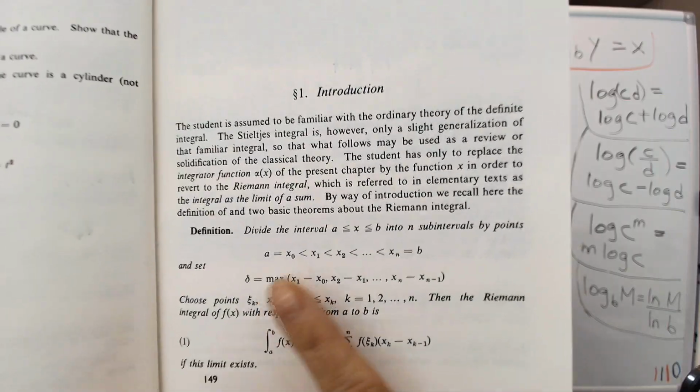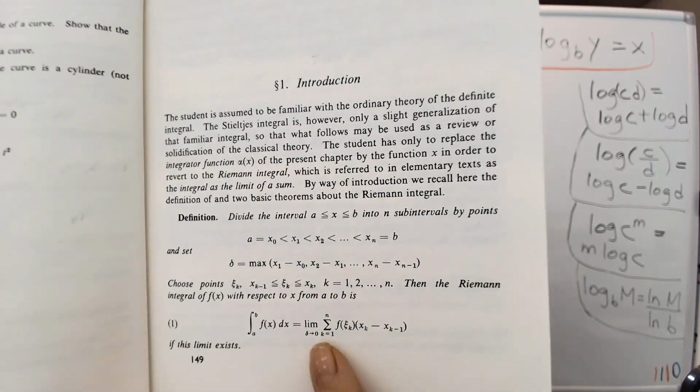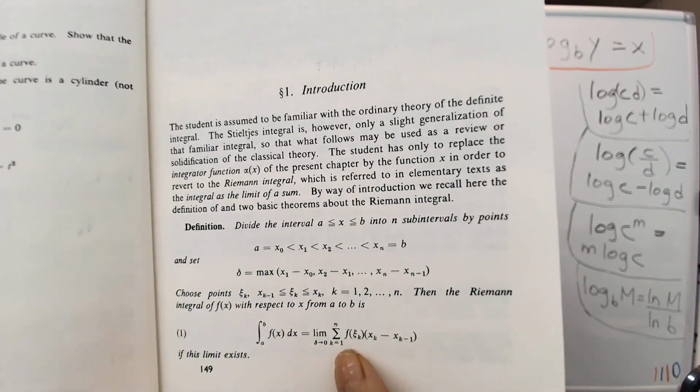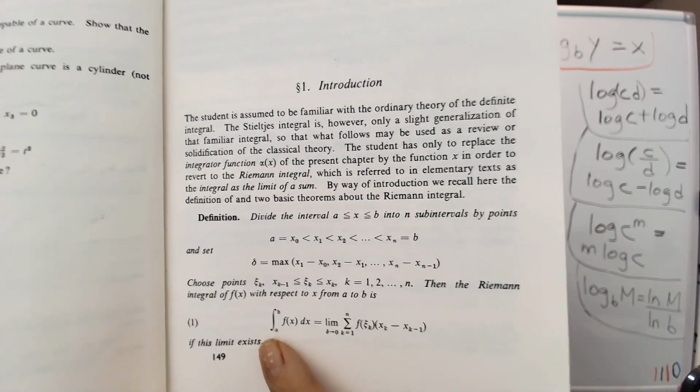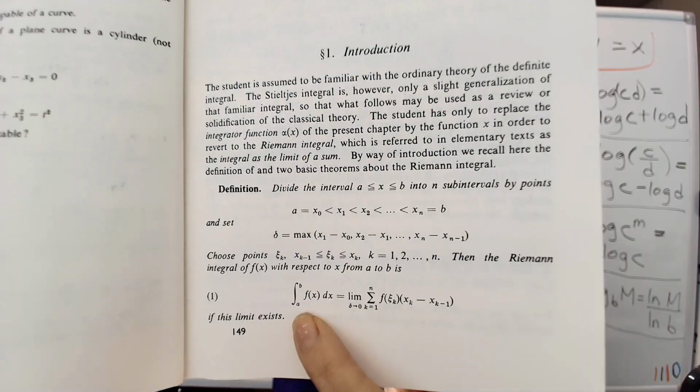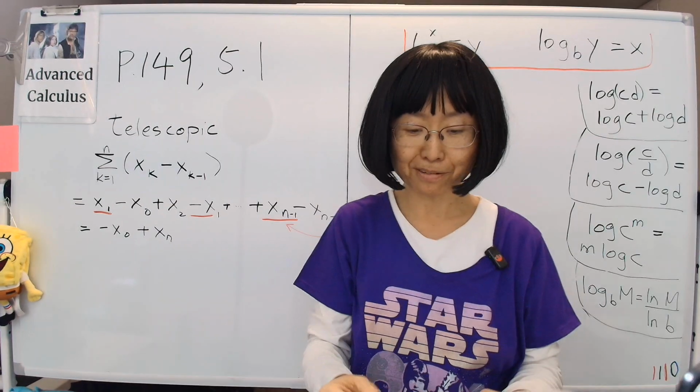Even if the maximum interval length goes to 0, n has to go to infinity, and the result equals the old Riemann integral, if the limit exists. It better exist, otherwise we're just babbling.